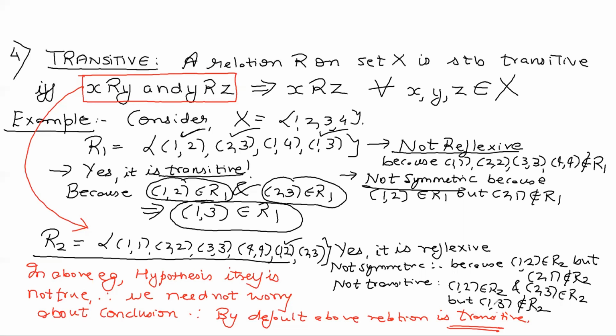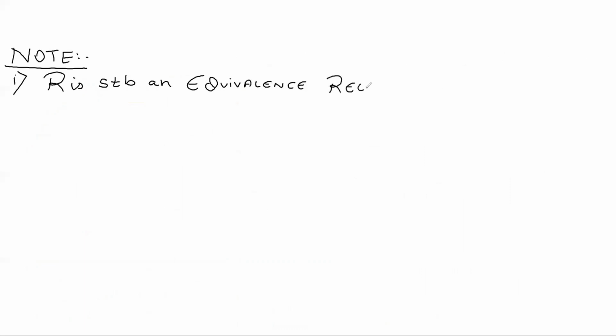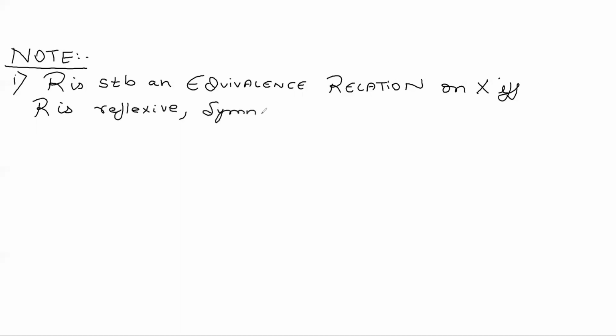So we can write a note now. R is said to be an equivalence relation on X if and only if R is reflexive, symmetric, and transitive.